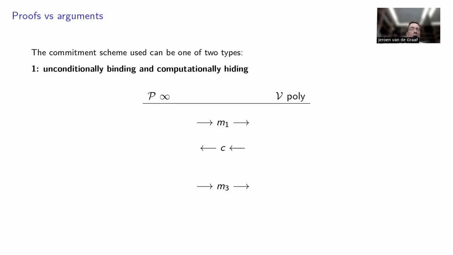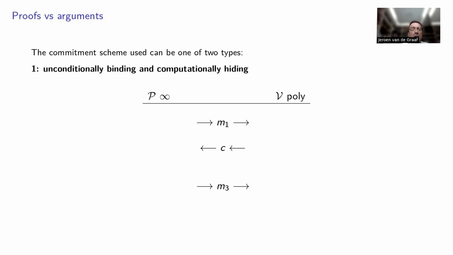But first, I want to tell you about a terminology, about the difference between the word proof and the word argument. I told you earlier on that commitment schemes can be of 2 different types. So one is that they are unconditionally binding and computationally hiding. And these were the ones that I constructed using RSA or using discrete log or something like that.